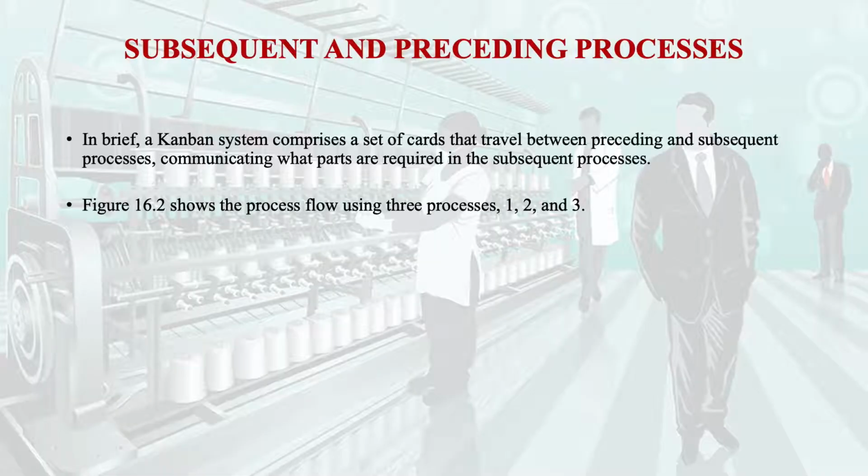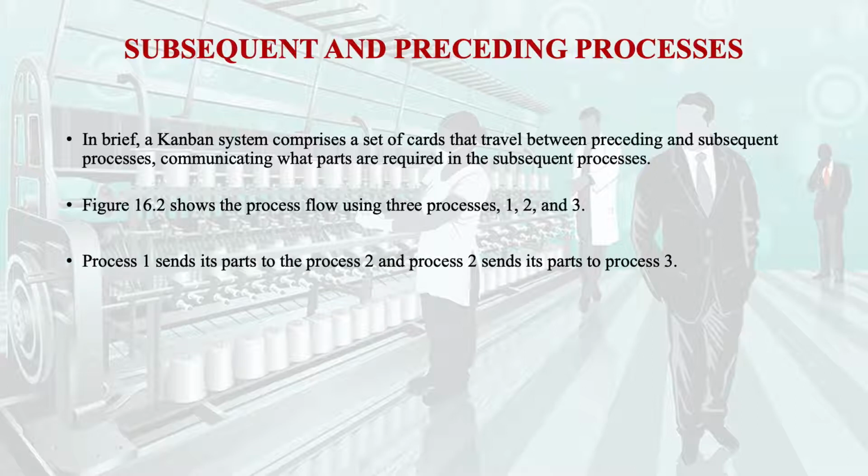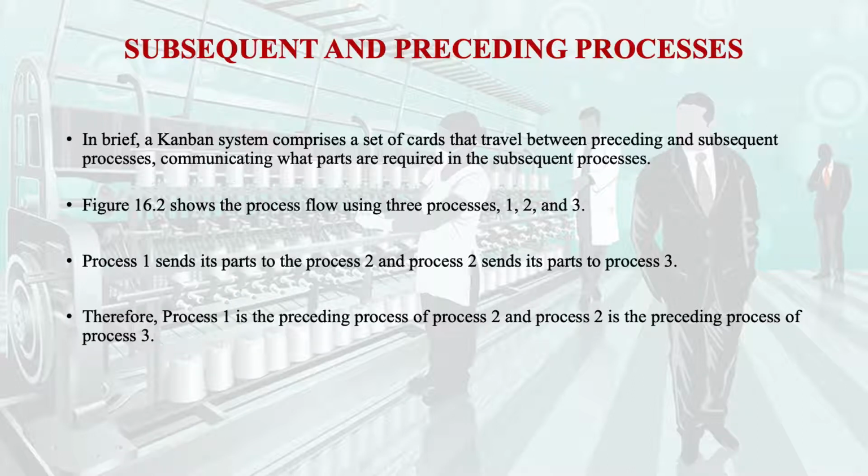We are taking the figure from your text only, which is given at the website. This figure shows the process flow using process 1, 2 and 3. Process 1 sends its part to process 2, and process 2 sends its parts to process 3. Therefore, process 1 is the preceding process for process 2, and process 2 is the preceding process for process 3.